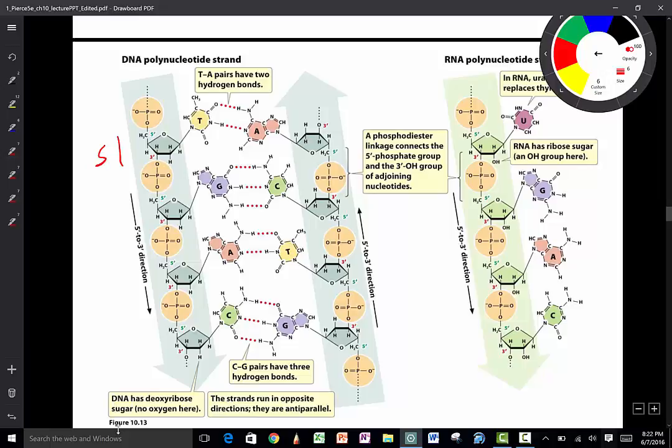That's a sugar, there's a phosphate right here, another sugar, another phosphate, another sugar, another phosphate, another sugar. If this was the very end of it, then this would have an OH on it. So that's the 3' end, and that's 3' and 5'. Then the other one is flipped around and going the other way. So this is now 5' and it's going 3'. And the 3' end will always have an OH.